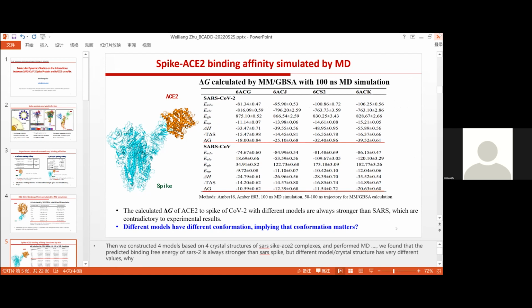Good in vitro activity does not mean good in vivo activity, and good in vivo activity does not mean a good safety profile. So failure is frequently observed.